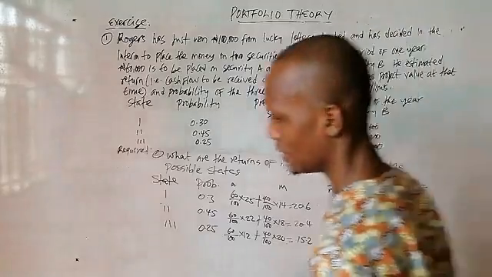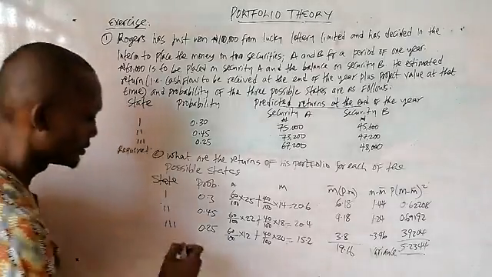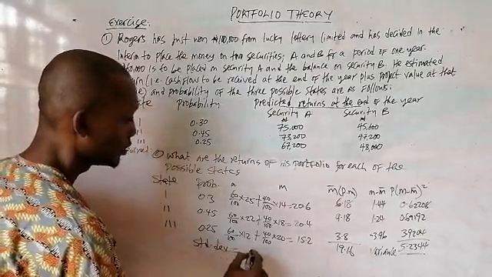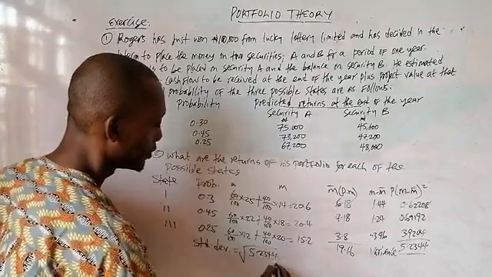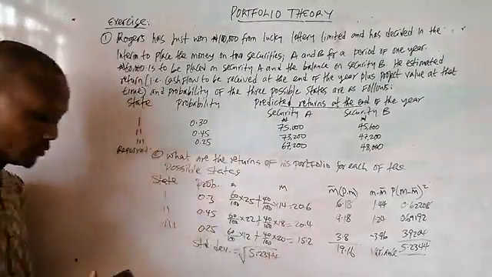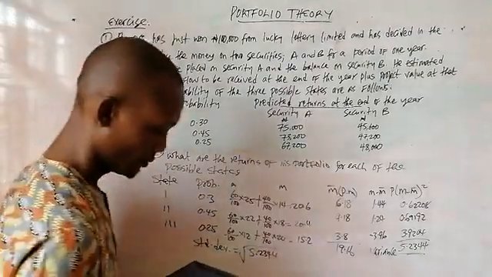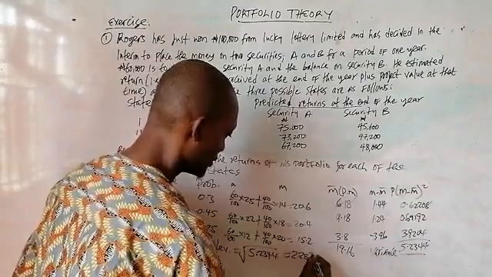If that is our variance, let's now compute our standard deviation. Standard deviation is equal to the square root of variance, which is the square root of 5.2344, equal to 2.287.